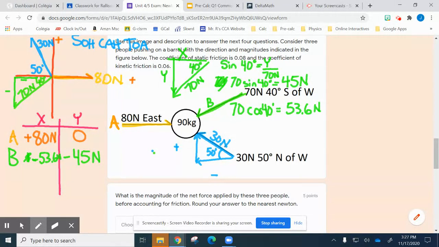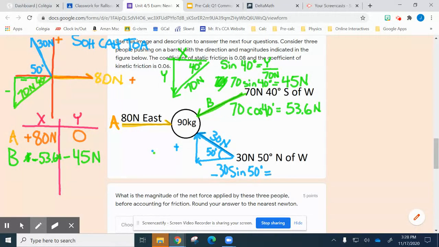So, same thing: the hypotenuse times the sine of the angle is going to give us the opposite leg, just like before. So we're going to say 30 times the sine of 50 degrees.